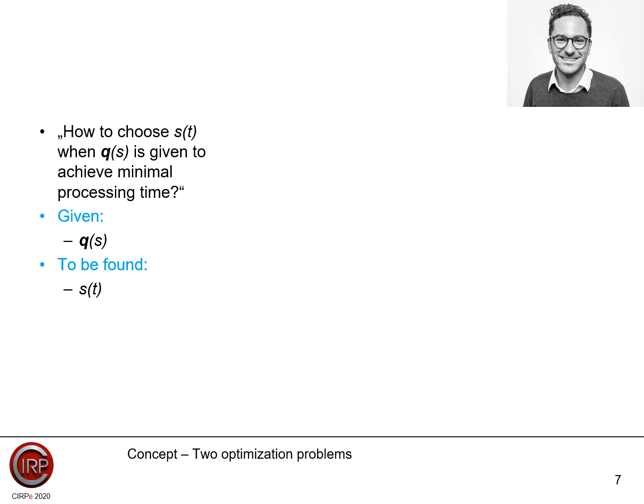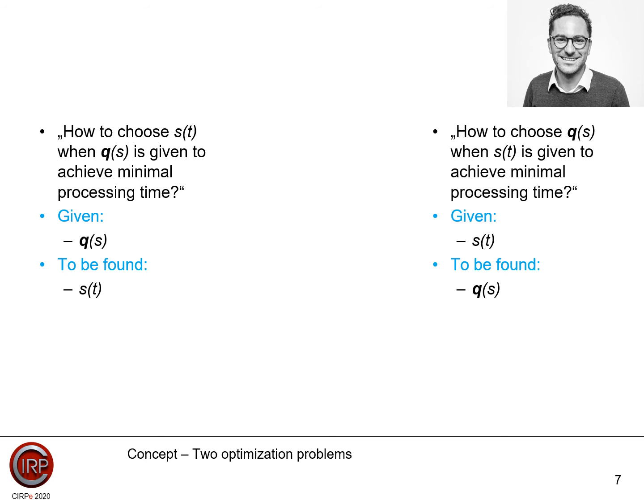So we have a given q and we want to have s(t). On the other side, we have the question how to choose q(s), so the pose of the kinematics, when s(t), so the path, is given, to achieve minimal processing time.